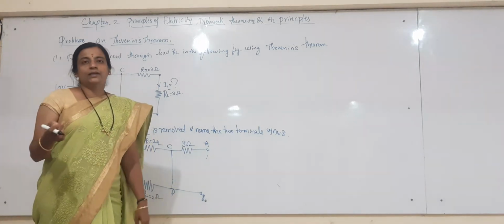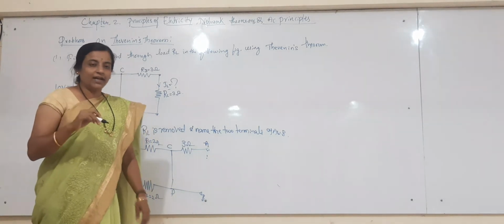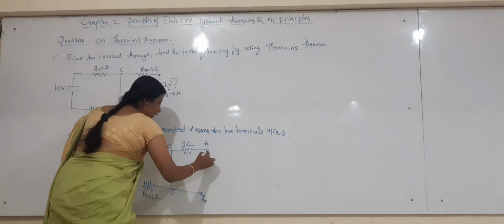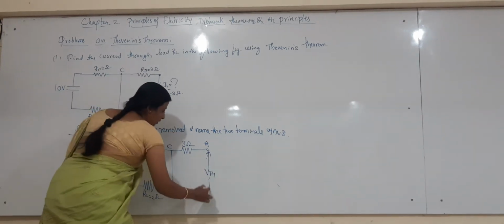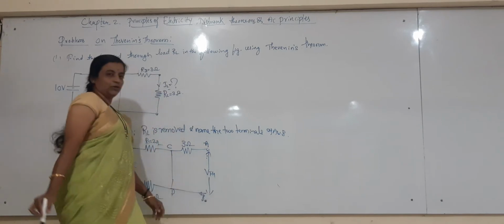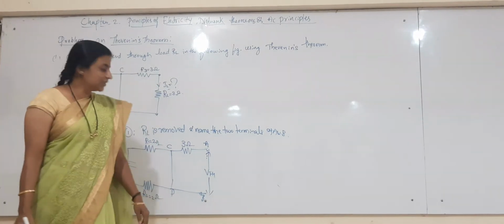After that, find out VTH and RTH. We have to find here in this circuit VTH, the open circuited voltage, that is nothing but the Thevenin's voltage.